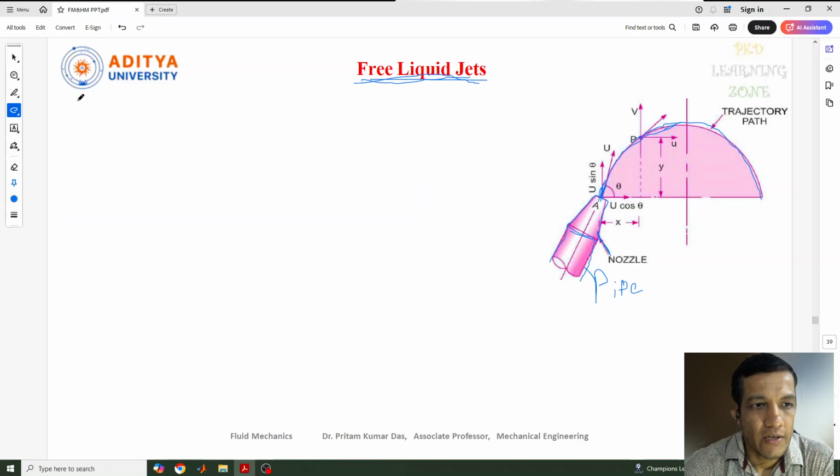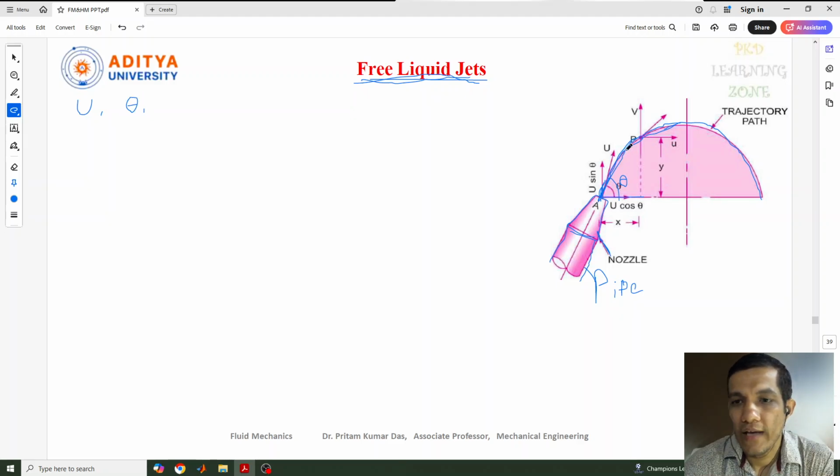So let me write here, u is the velocity of the jet of water, and when it is traveling, if you see, some angle is there, and that angle is theta. So theta is the angle between the jet of liquid and the horizontal direction.